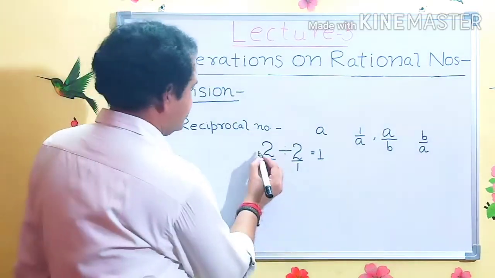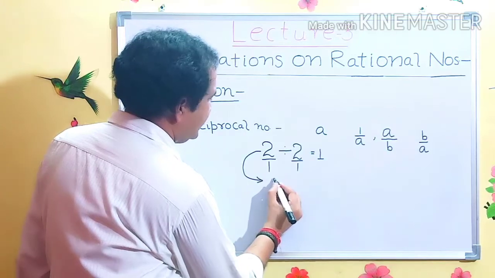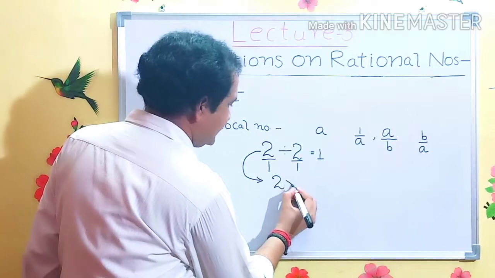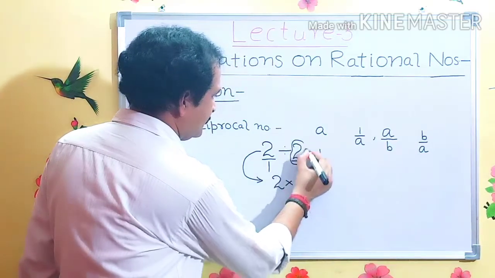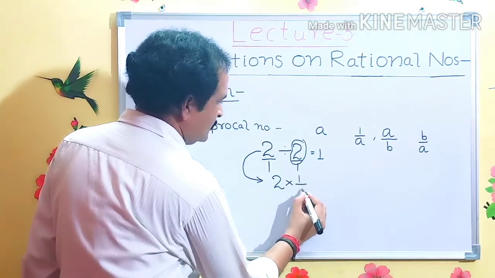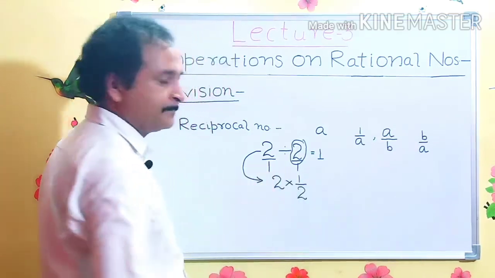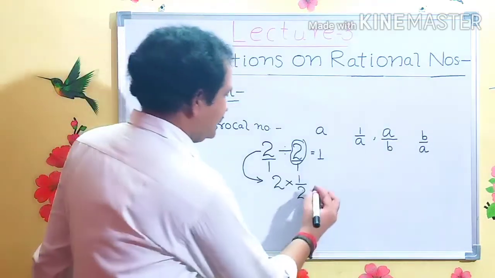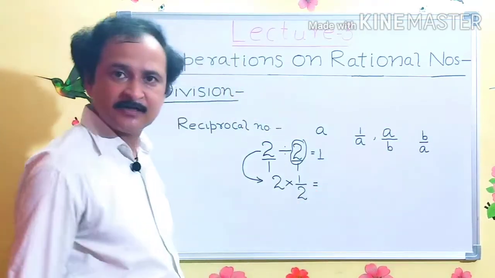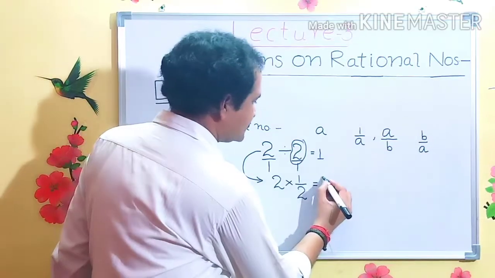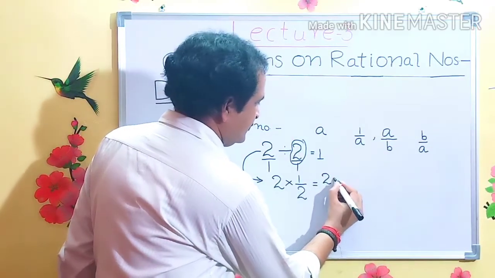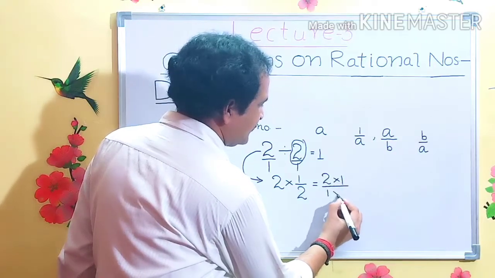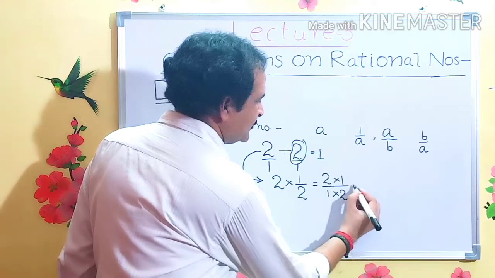Now, we write the term 2 multiplied by the reciprocal of this 2, which means 1 by 2. We know the concept of multiplication for rational numbers. In that concept, multiply numerators upon multiply denominators.